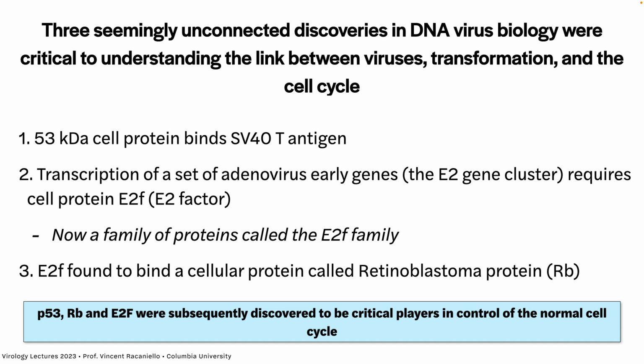Secondly, and you've heard this one before, but I don't think you're going to remember, transcription of the E2 genes, the early region 2 of adenovirus, requires a cellular transcription factor that we've called E2F. Remember, that's needed, and that is freed up by binding to retinoblastoma. So E2F binds RB. So T antigen binds P53, E2F is needed for adenovirus transcription, and E2F binds RB. All these 3 proteins are controllers of the normal cell cycle.